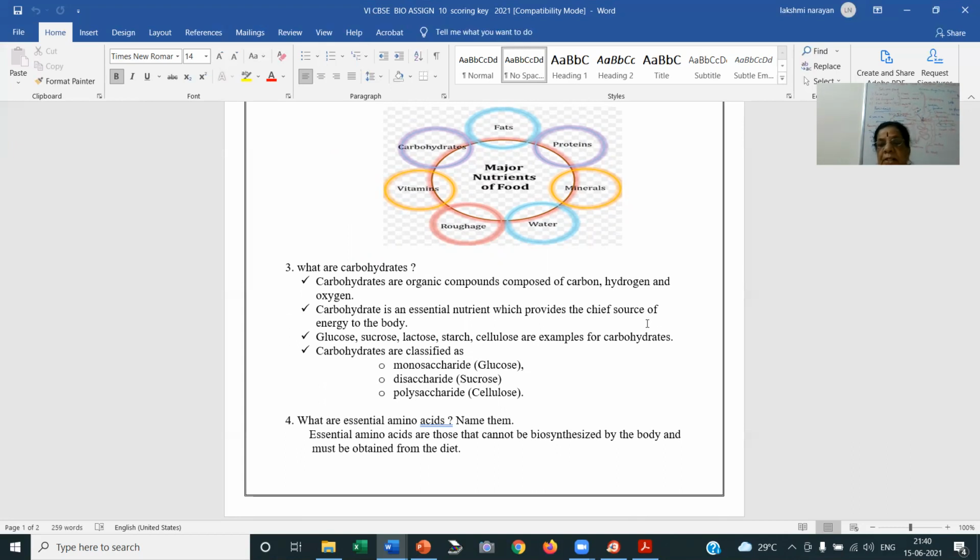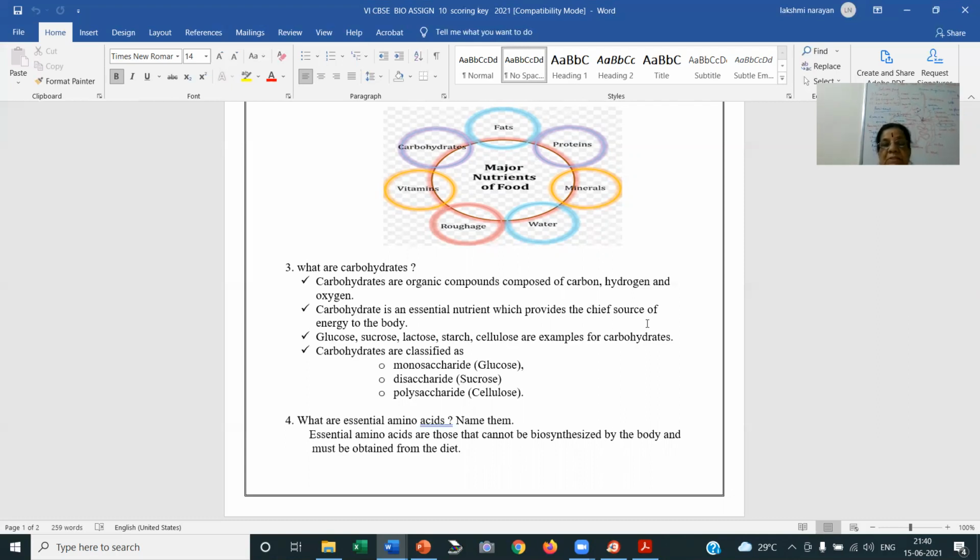Carbohydrates are organic compounds composed of carbon, hydrogen, and oxygen. Now, carbohydrate is an essential nutrient which provides the chief source of energy to the body.